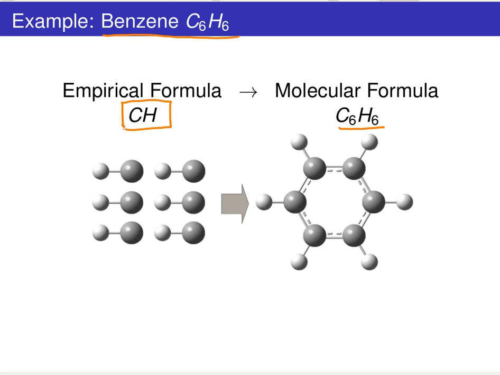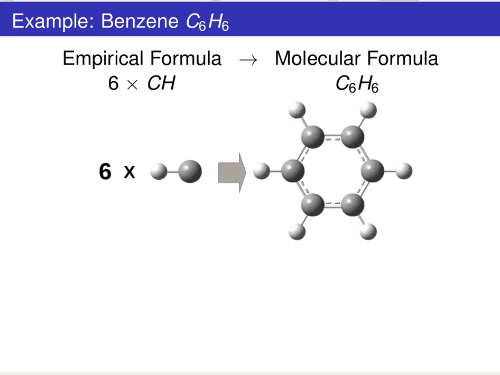Okay, so if all you have is CH, and you're trying to build up this big benzene molecule, illustrated over here on the right-hand side, you can see pictorially that we would need a total of 6 of these little CH units in order to put them all together and build that molecular formula. So we can sum this up by saying we need 6 of those little empirical formula units, CH units, in order to get our molecular formula.